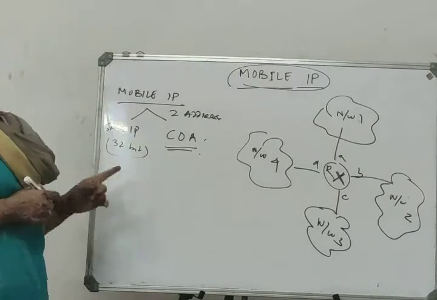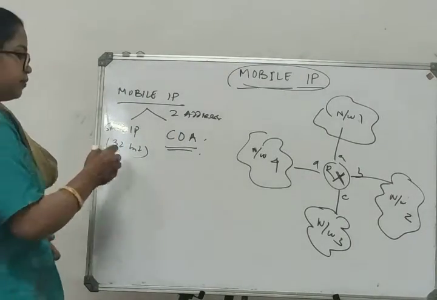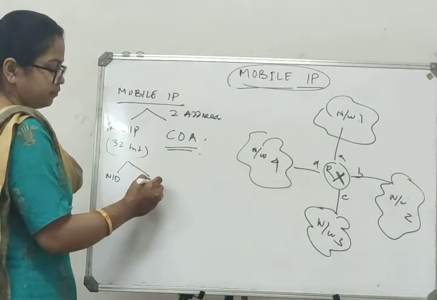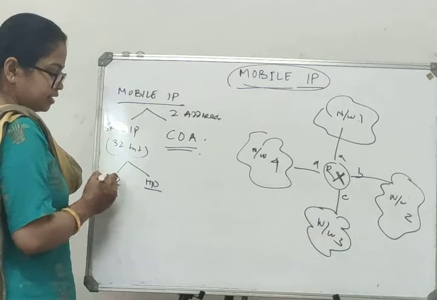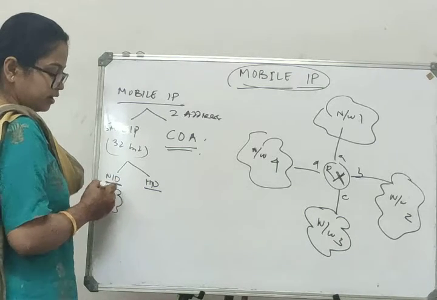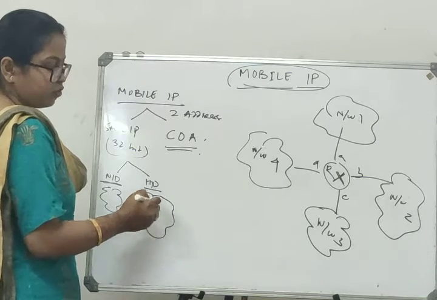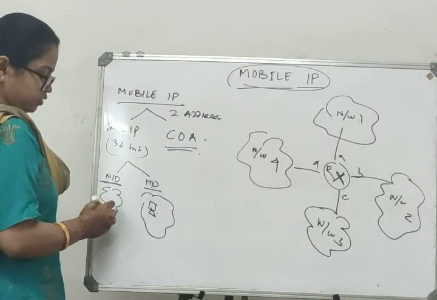Now this you know about. The normal static IP has two components, that is network ID and host ID. The network ID tells us about the physical network it gets connected to, and the host ID tells us about the specific host within that network it connects to.